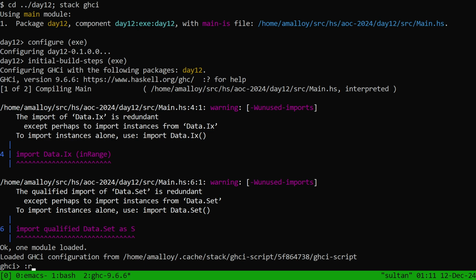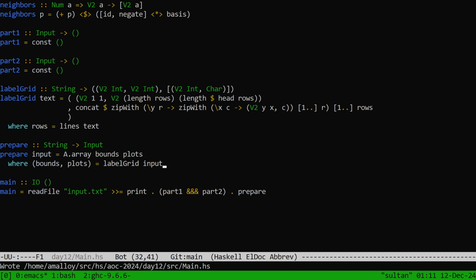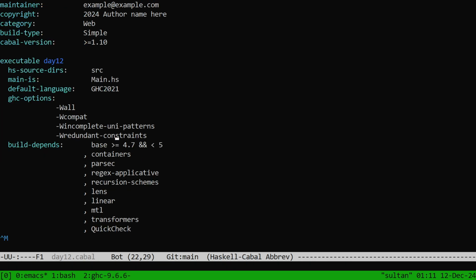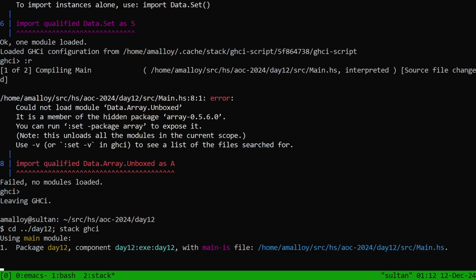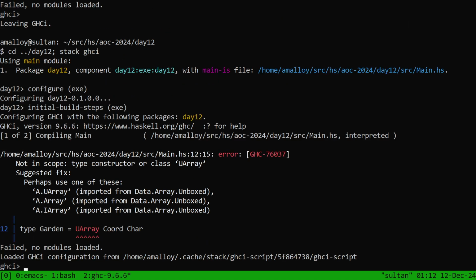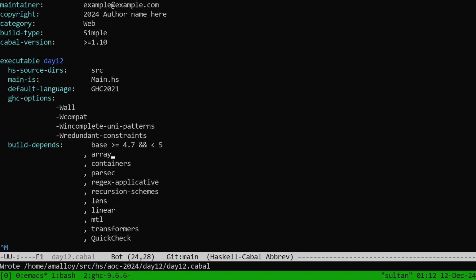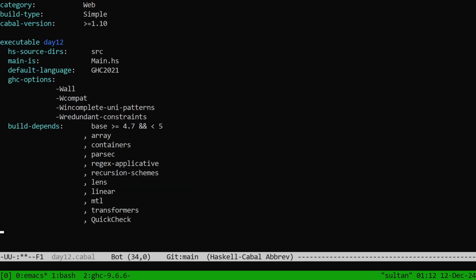Does this type check so far? No, because I haven't put array in my Cabal file. That's true. And I'll have to restart GHCi again. My Cabal file still has the stupid carriage returns.